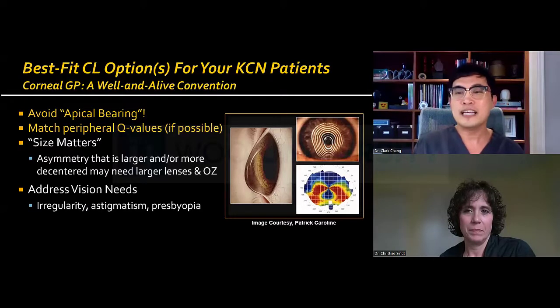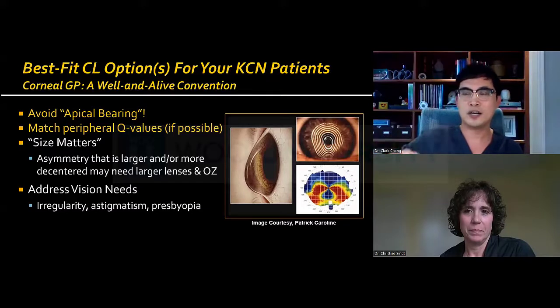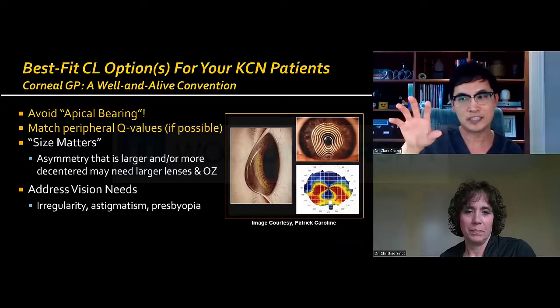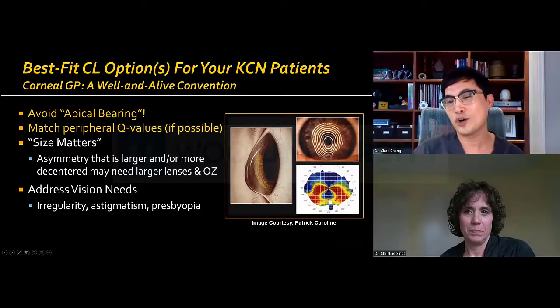So even though the general rule is to get bigger and bigger to find a zone of pretty even landing so that the lens will be somewhat stable, and likely always slightly inferior decentered in that situation, there's a time such as what you're seeing here where the cone is so large and relatively inferior that you're always going to run into a problem of asymmetry when using a large diameter.